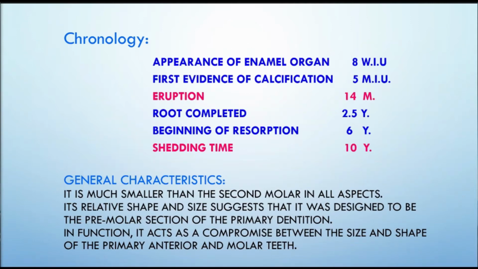In function, it acts as a compromise between the size and shape of the primary anterior and the molar, because it doesn't have a big surface for mastication and it is not an anterior tooth, so it is a transitional tooth between the anterior and the posterior. So this is one unique point for the maxillary deciduous first molar.